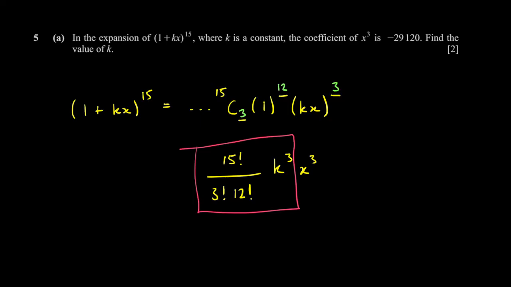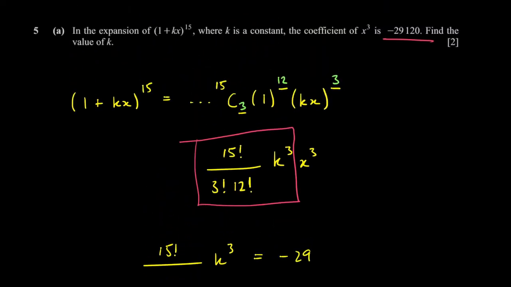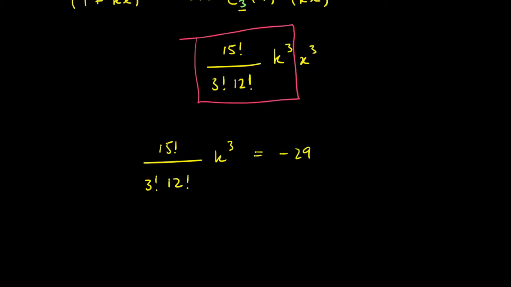And we are told that that thing is equal to this thing, negative 29120. So if I was to write that down, 15 factorial over 3 factorial, 12 factorial, k cubed is equal to negative 29120.